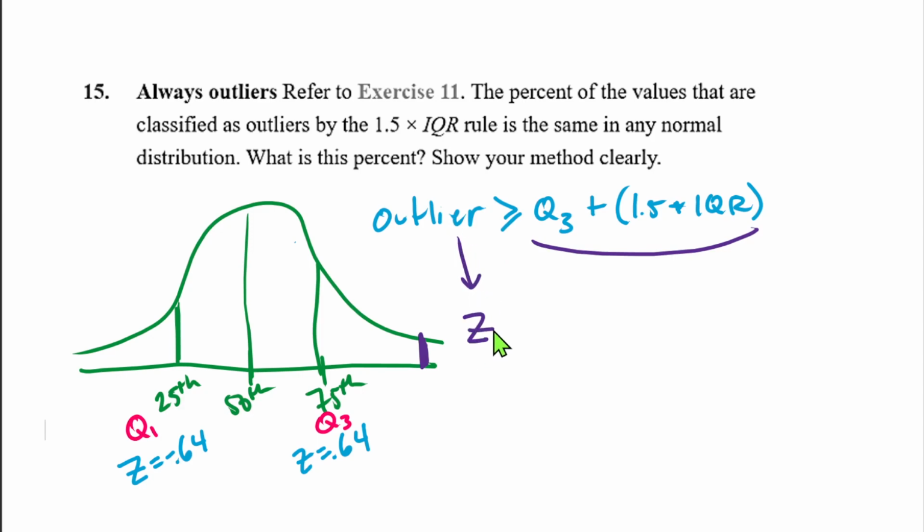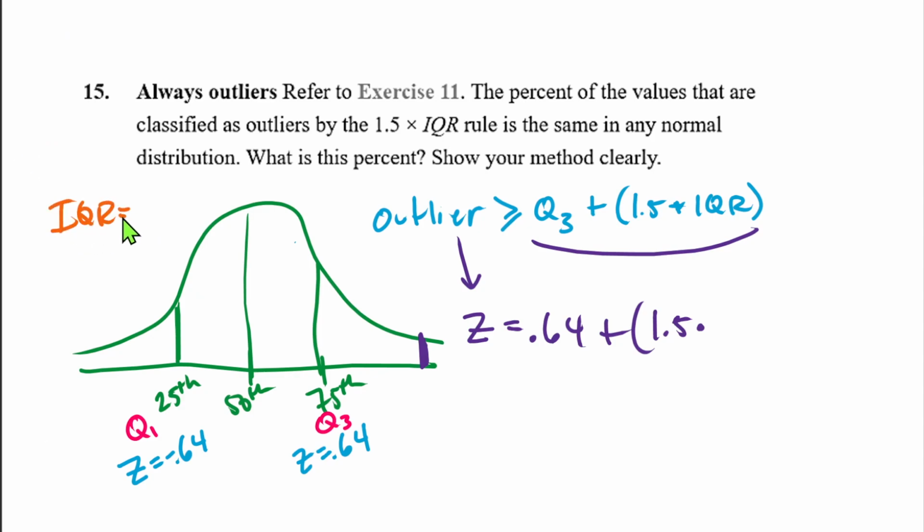So the z-score boundary for the outlier, how interesting, right? That z is going to be Q3, which is a z-score of 0.64, plus 1.5 times the IQR, and the IQR is the distance between these two. If you wanted to be thorough, it's actually simple.